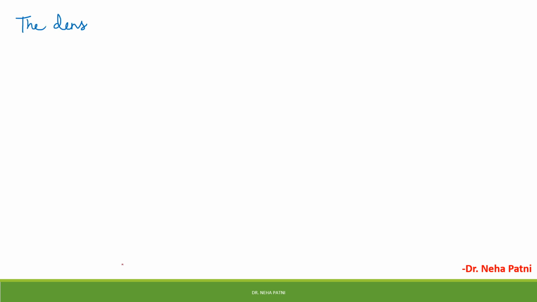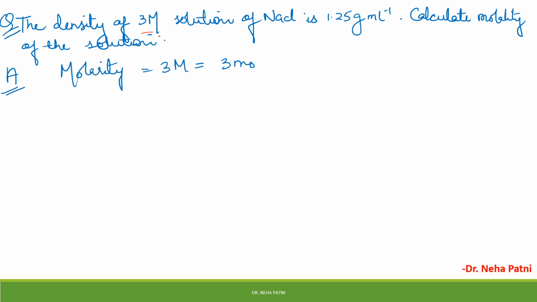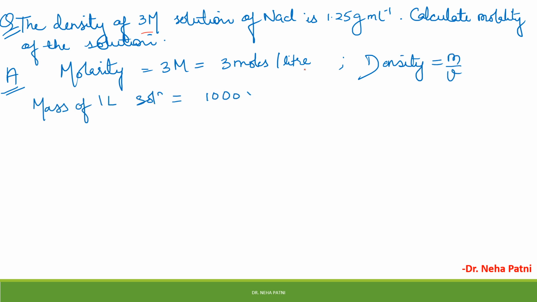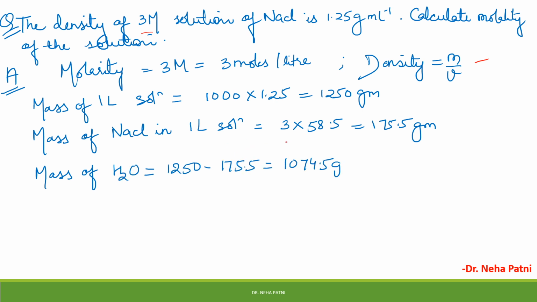So let's go ahead with a question. The density of 3 molar solution of NaCl is 1.25 gram per ml. Calculate molality. So when molarity is given, it is 3 moles per liter, and density is mass by volume. So mass of 1 liter solution would be, then mass of NaCl in 1 liter, then mass of water.